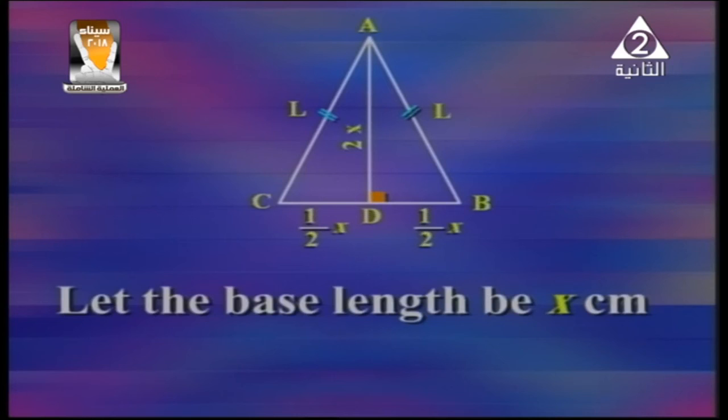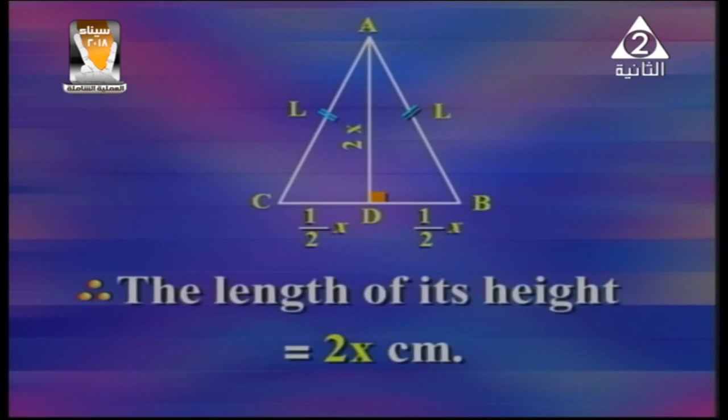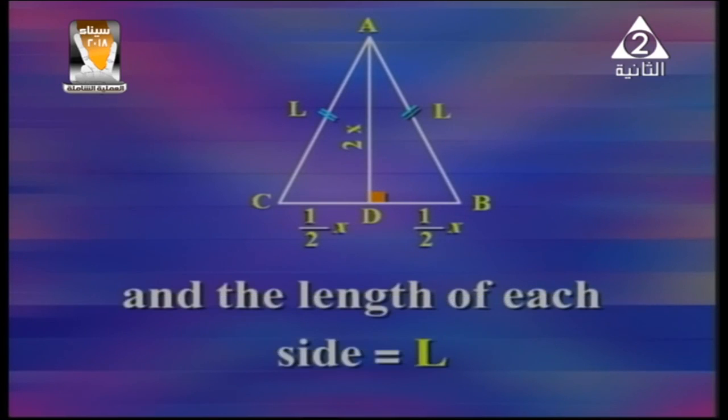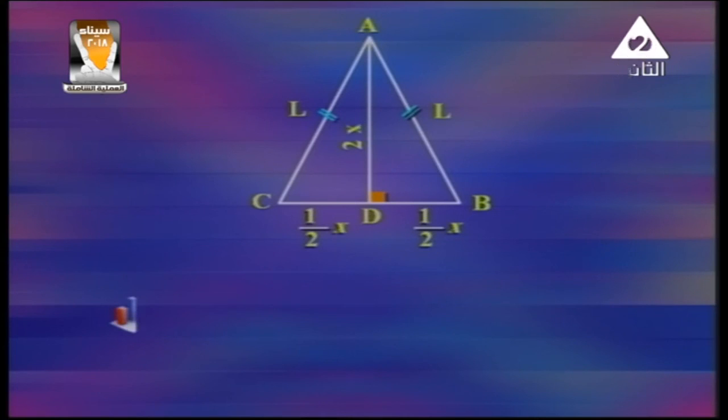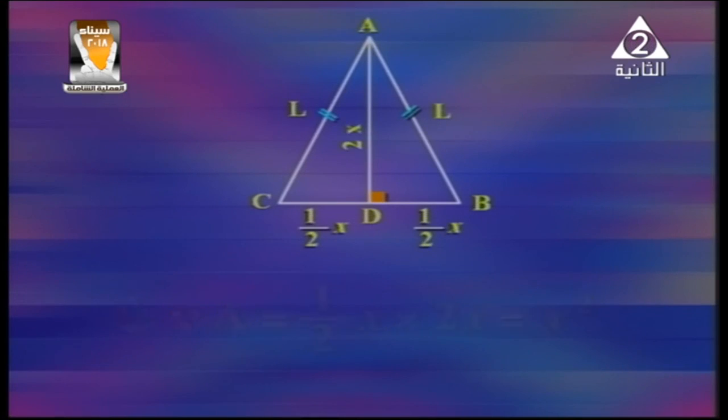The base length is x centimeters, and the height is 2x centimeters. The surface area of the triangle is capital A centimeters squared, which is half base times height. Then area equals half x times 2x, which equals x squared.